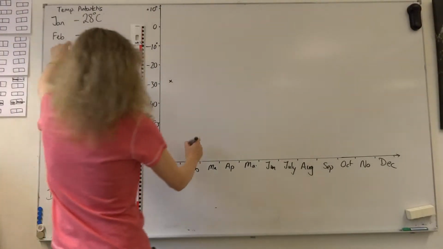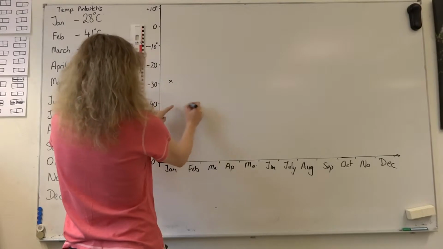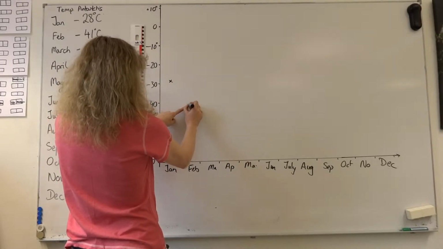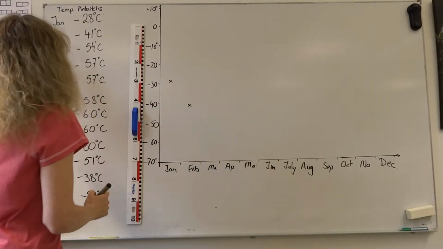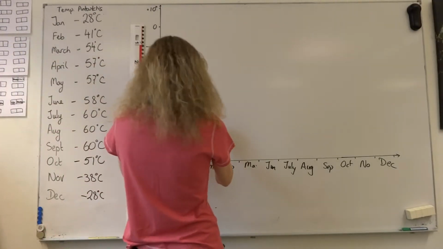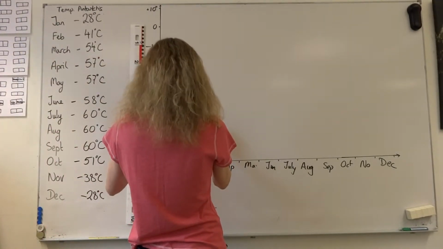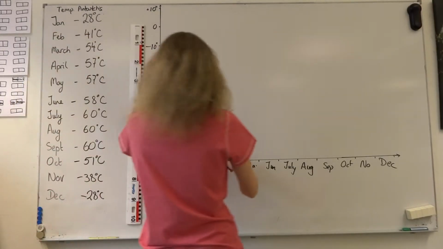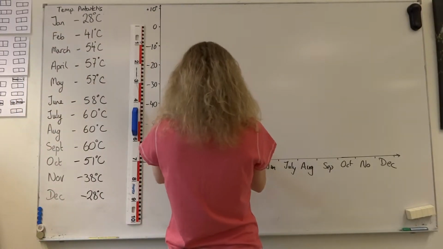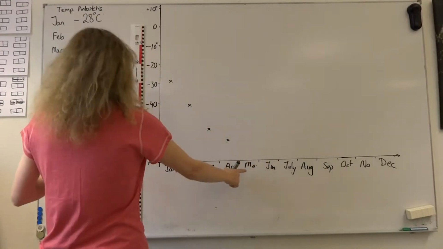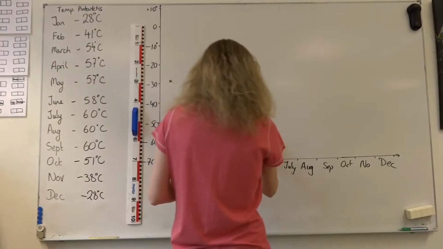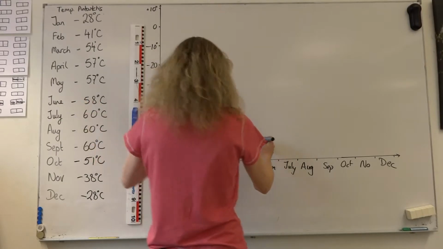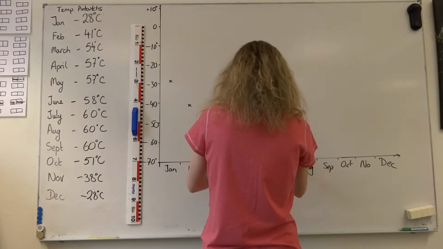February -41, so we go to -40 and then down an extra degree, slightly below 40. March -54, 54 will be about here. April -57, almost at 60 but not all the way down. May -57, the same as April. June -58, just 1 degree below.